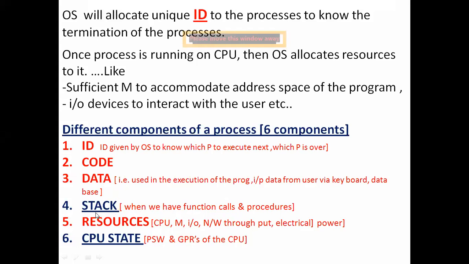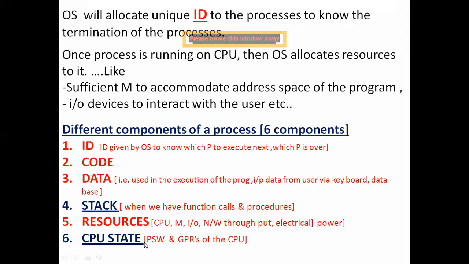The fifth component is the resources, and we have many sorts of resources: CPU as the main resource, memory, input and output devices, network throughput, electrical power, etc. The last component is the CPU state.